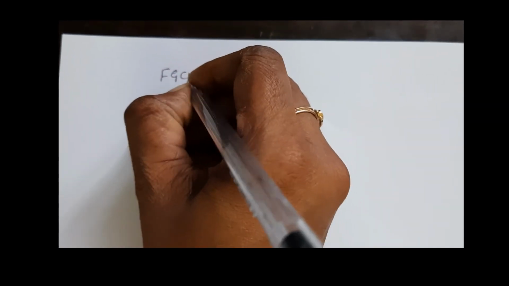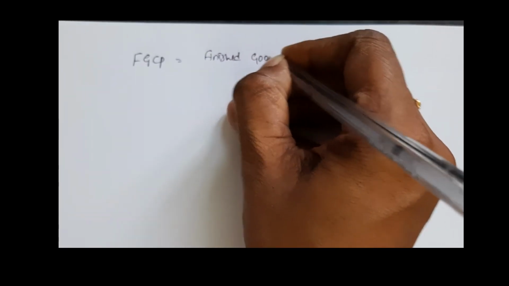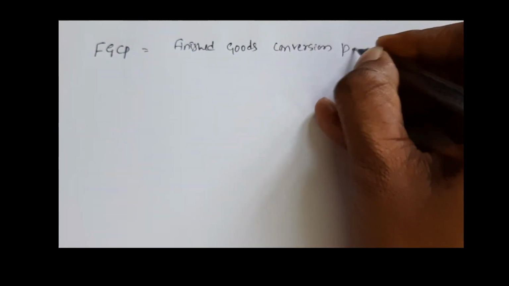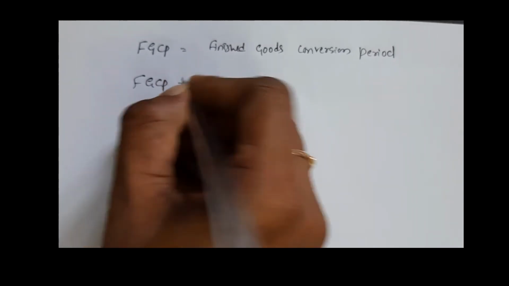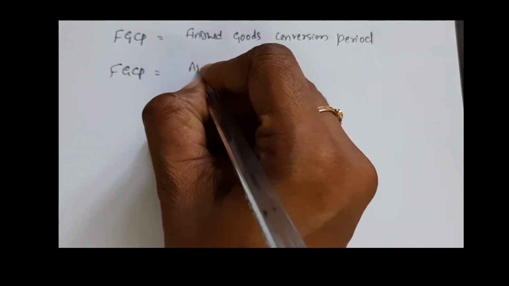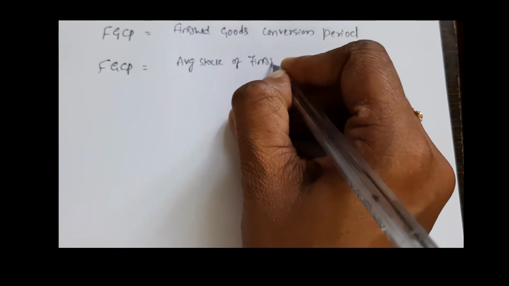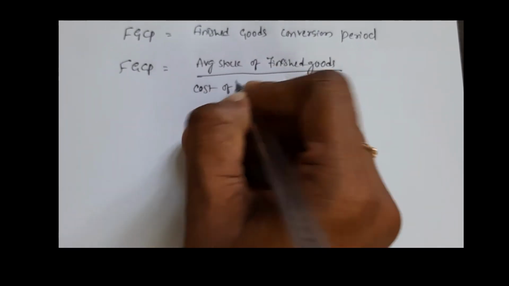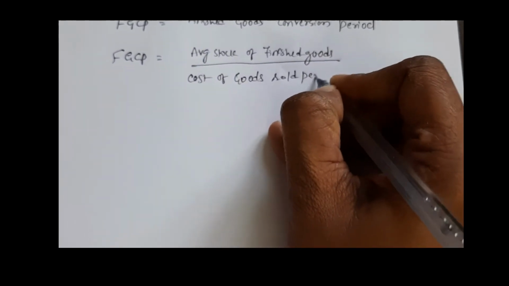Now FGCP, that is finished goods conversion period. The finished goods conversion period formula is average stock of finished goods divided by cost of goods sold per day.